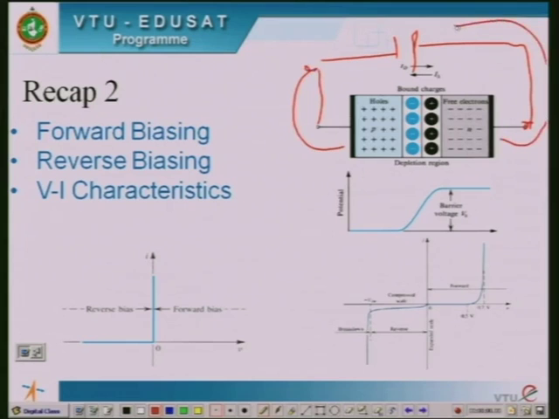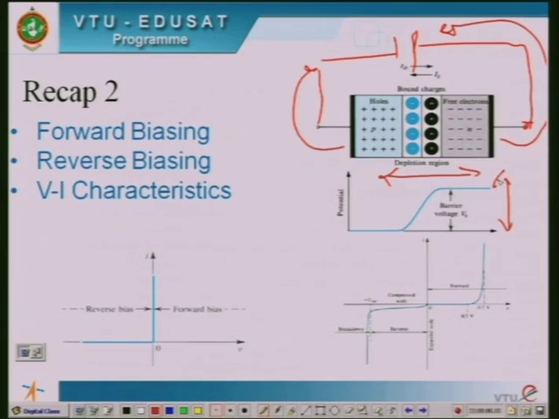Similarly, the electrons will be attracted towards the positive terminal of the battery, and therefore the depletion region increases. Correspondingly the potential barrier that exists because of the depletion region also increases, and that will block the movement of the charge carriers across the junction. Therefore the diffusion current will be 0, whereas the drift current, which is due to the minority charge carriers, will flow, and this drift current is in the range of microamperes.